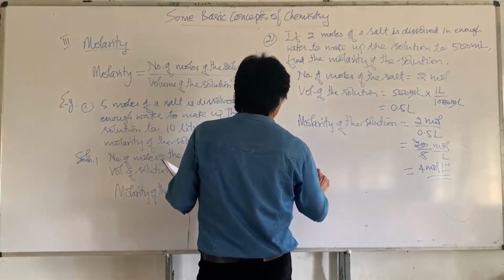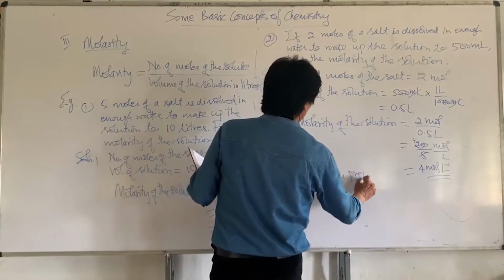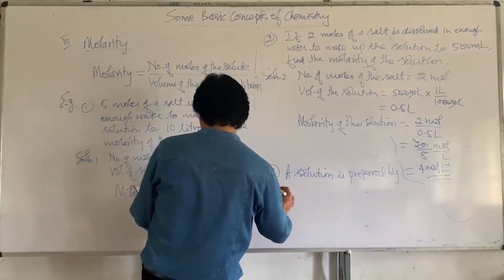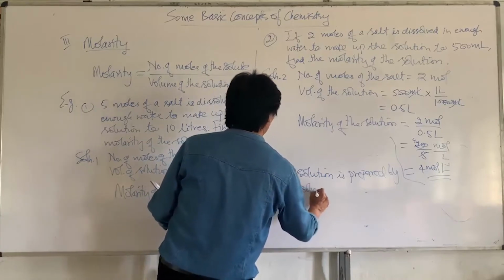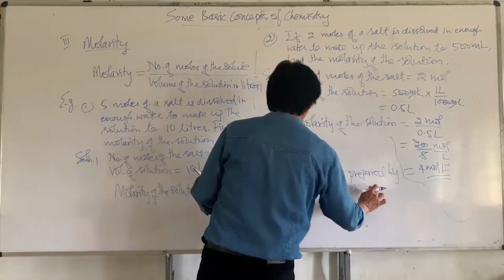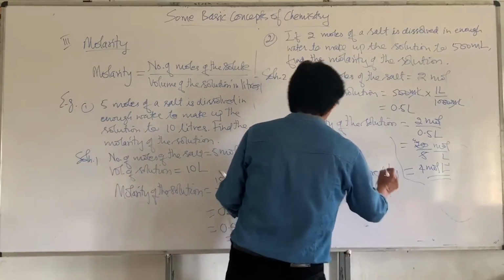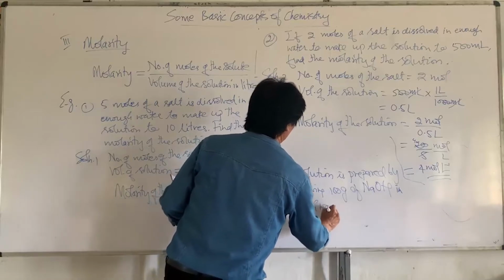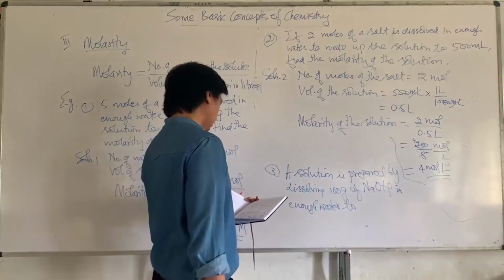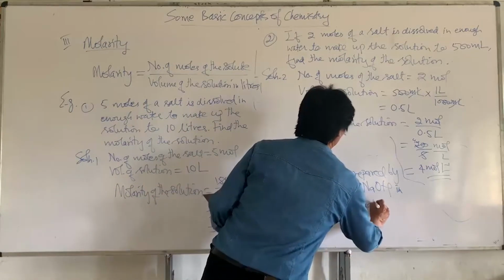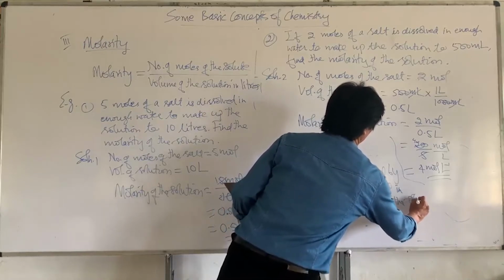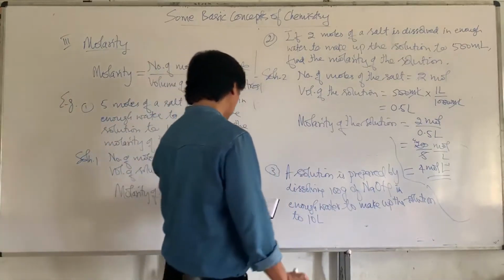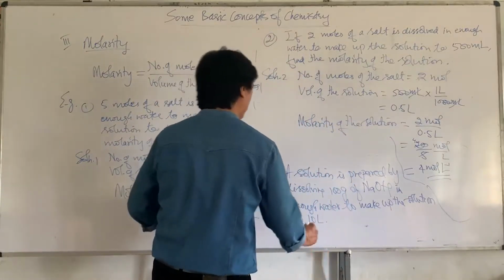A solution is prepared by dissolving 100 grams of sodium hydroxide in enough water to make up the solution to 10 liters. So find the molarity of the solution.